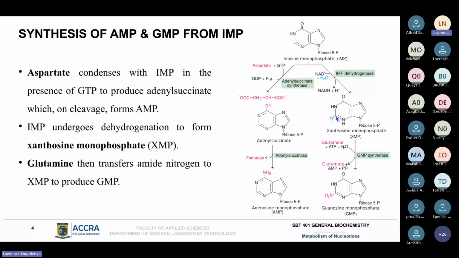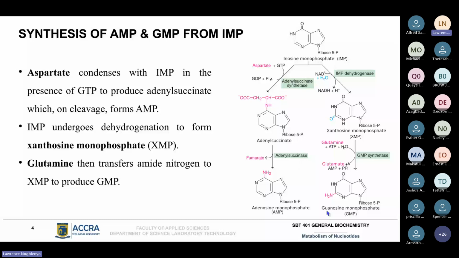That carbon which was oxidized, you now have an amine group from glutamine coming to replace that oxygen. And then you will now have the product guanosine monophosphate. That guanosine monophosphate can then go into the synthesis of RNA.